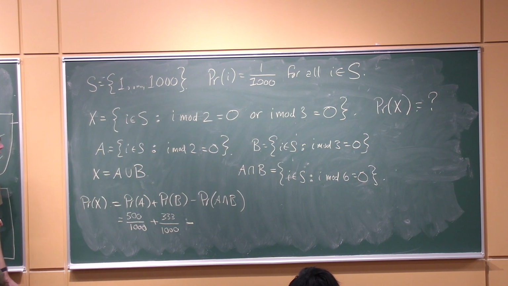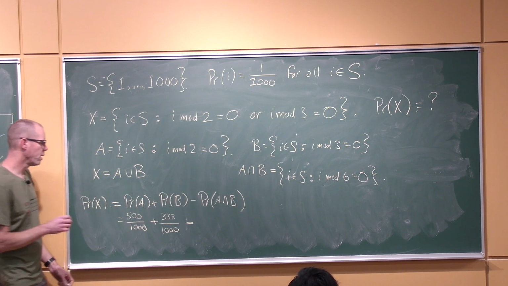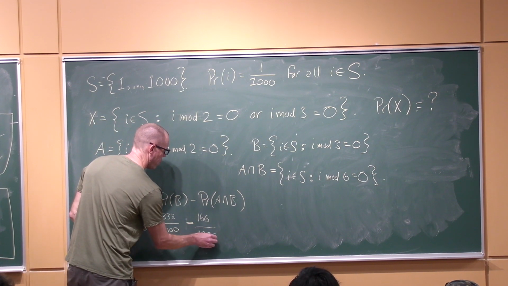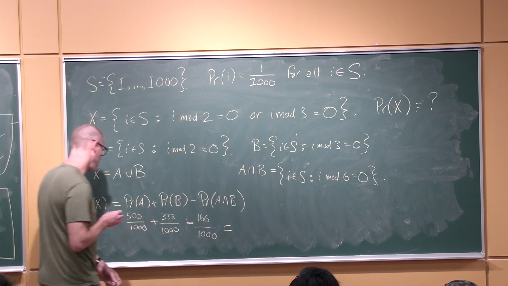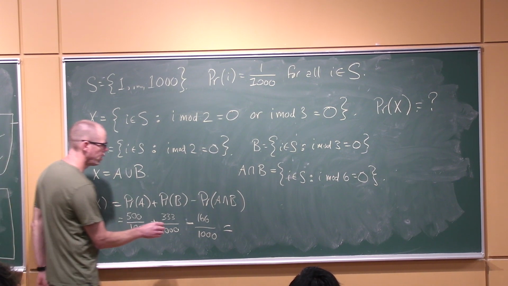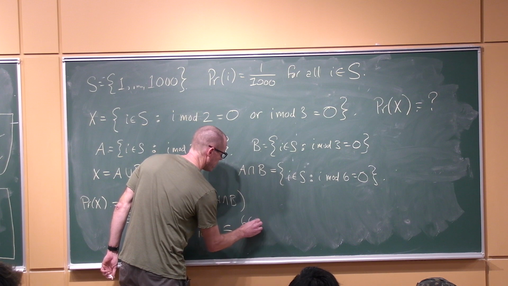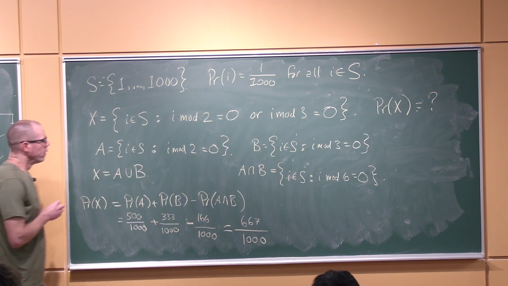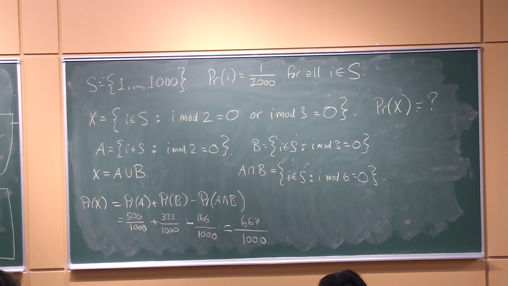You'll realize it's actually the floor of 1,000 divided by 6. So this is 166 over 1,000. So the total is 667 over 1,000, let me just make sure I don't make a silly calculation error. Okay. Yep.